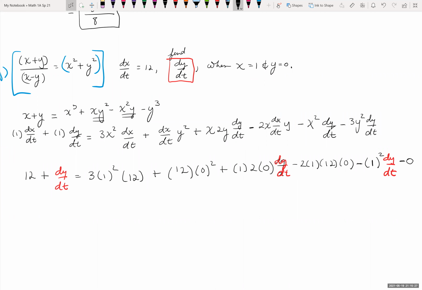We're already out of time. So we got 12 plus dy dt equals 36. That's 0. Minus dy dt.